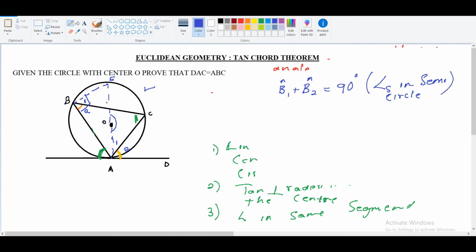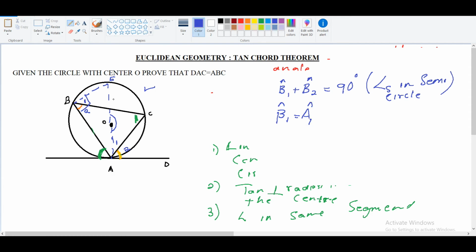Angle in a semicircle creates an angle of 90. So what else do we see? We see that angle B1 is equal to angle A1. What is the reason?